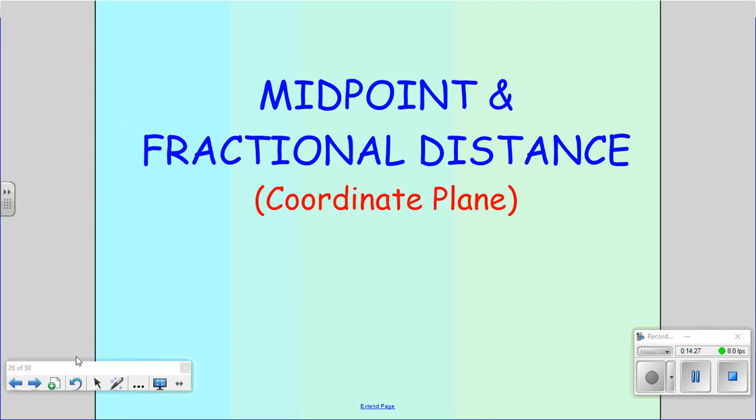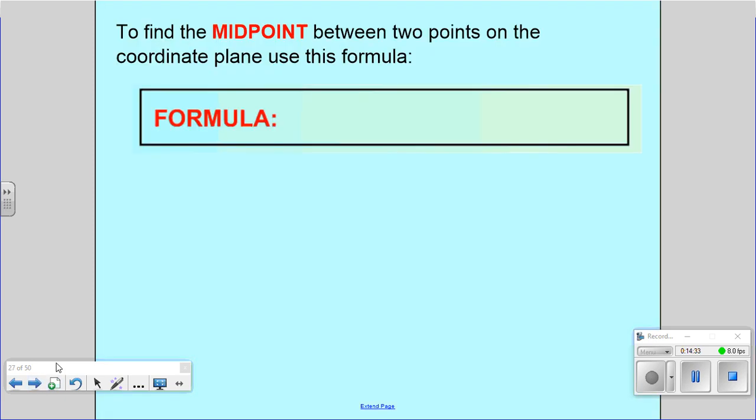Now we're going to talk about midpoint and fractional distance on the coordinate plane. The formula for the midpoint on a coordinate plane is very similar to the formula on the number line, except when you're dealing with a coordinate plane, you have both x and y, so you're just applying the formula to both variables.